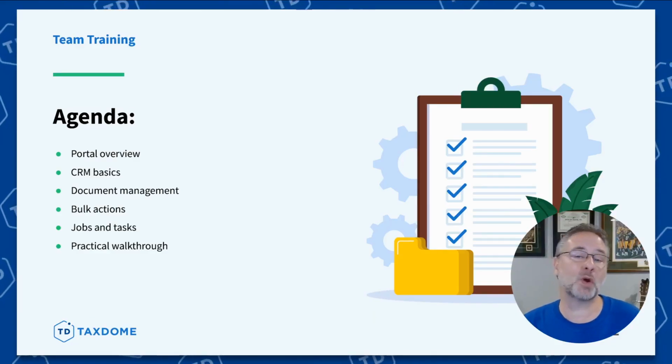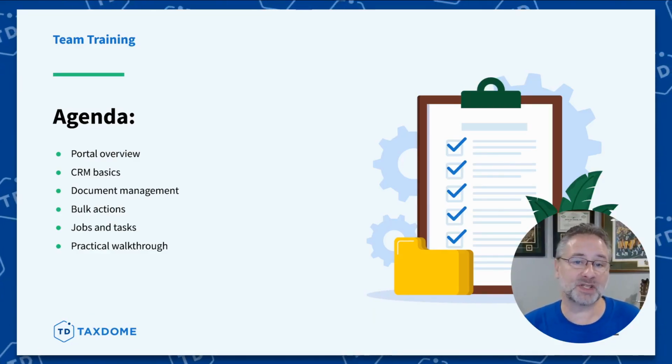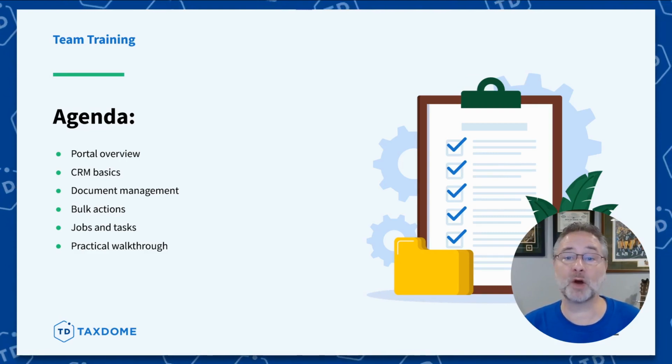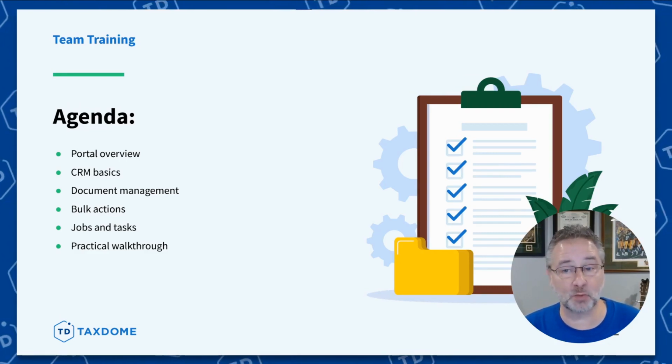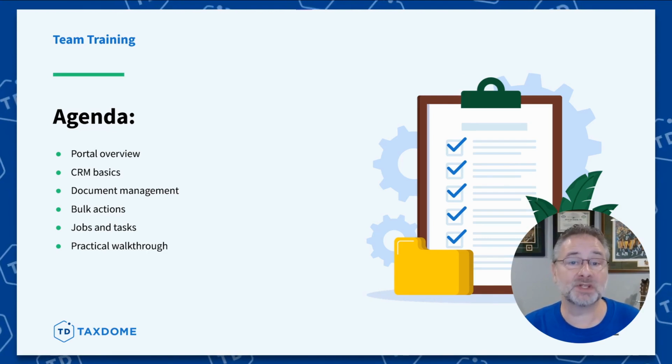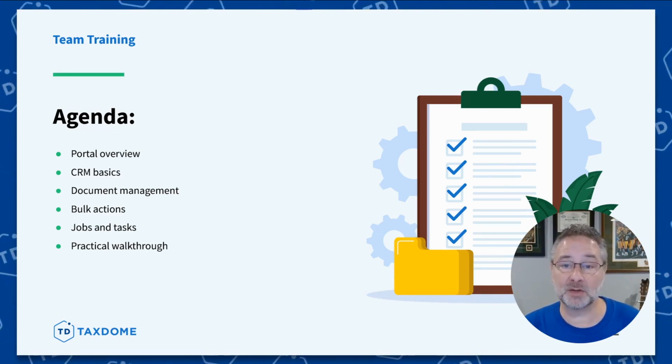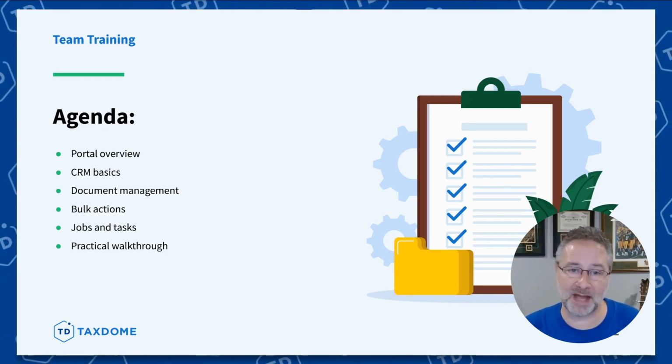All right, everybody, I think we've waited long enough. So let's go over our agenda for today. Then we're going to jump into all the topics. All right, so this is what we'll be talking about today. We'll start by giving you a quick overview of all the pages you'll be visiting regularly. This means we'll start at the very basics to help you familiarize yourself with TaxDome.